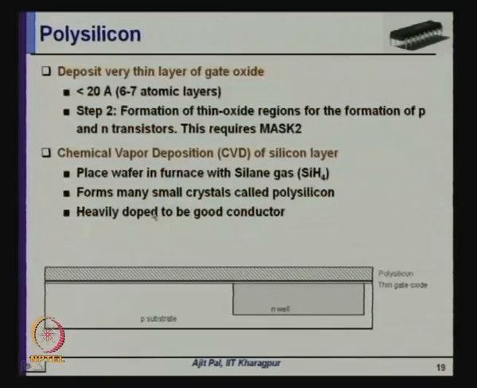And coming to the second step, which requires formation of the polysilicon layer. Deposit a very thin layer of gate oxide. First, a very thin layer of silicon dioxide is deposited, again by that dry oxidation process. As I told, it will be heated in a furnace and oxygen will pass through the chamber, and a very thin silicon dioxide layer will be formed.